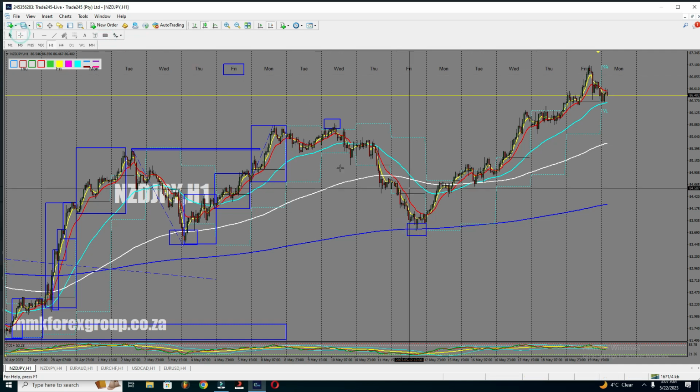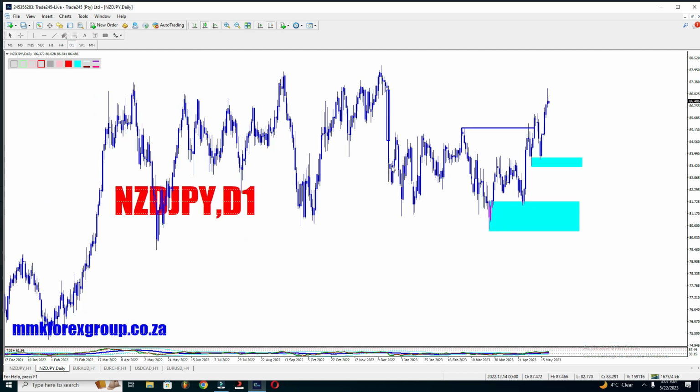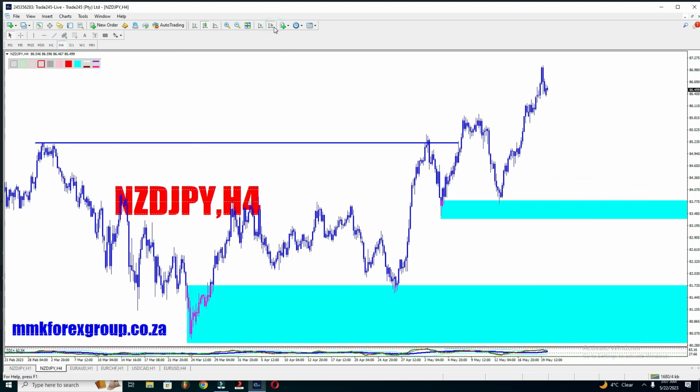So for this one, I didn't really hold for much, because remember, at the end of the day, I understood that the market structure, price is coming back definitely to fill those orders right there, at that order block. So I was not planning to hold this forever. And this is where a lot of people struggle, because they will hold that trade thinking, I'm gonna be rich, I'm gonna buy a Lamborghini next week.